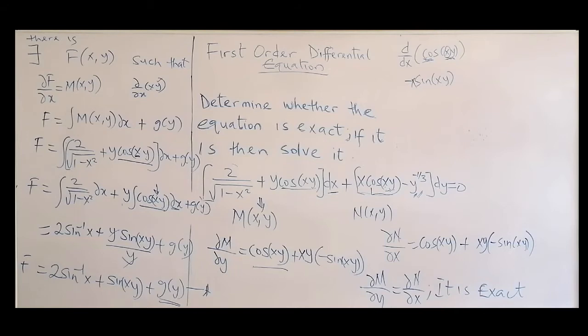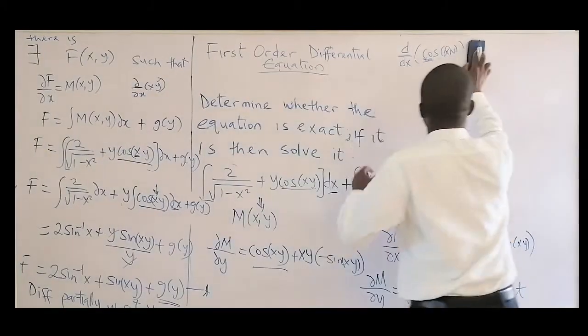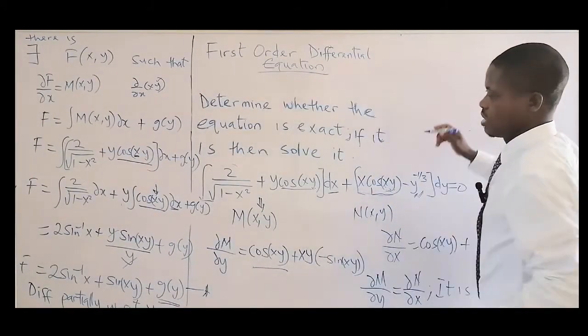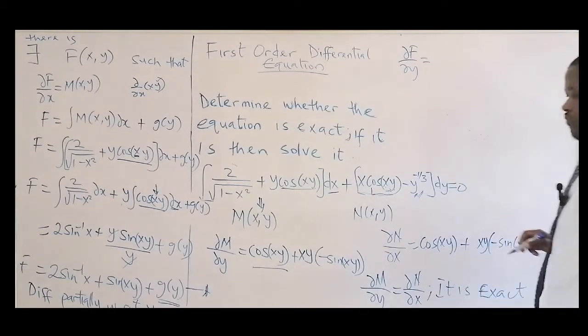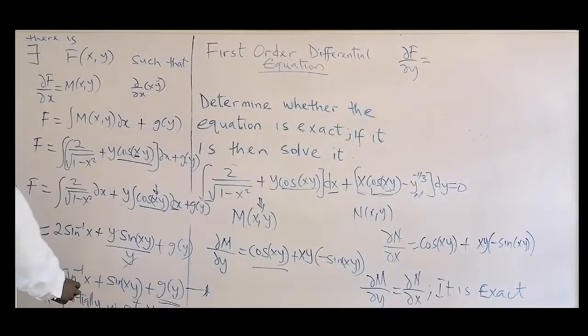So that's our solution. But we need to get the g of y. That's what's left now. And to do that, we differentiate partially with respect to y. So the partial differential of f with respect to y will be equal to, if you check this first one here, there's no y there.